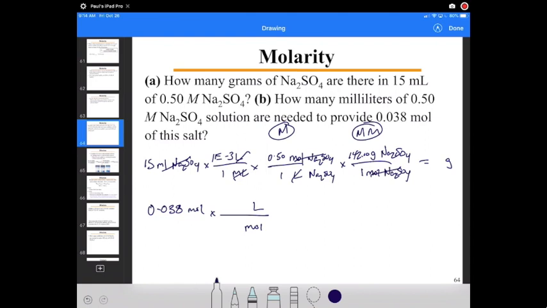In this case, the conversion factor says 1 liter is 0.50 moles. And do I want liters? What does the problem ask us for? Milliliters. And so a liter can be changed in milliliters very easily. You said 1 milliliter is 1e to the minus 3 liters.